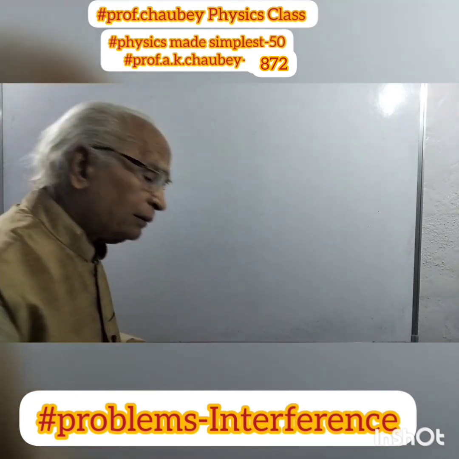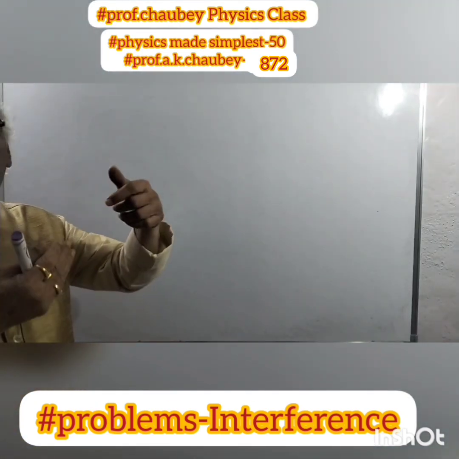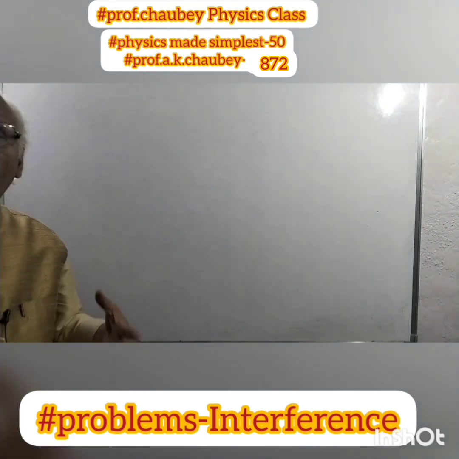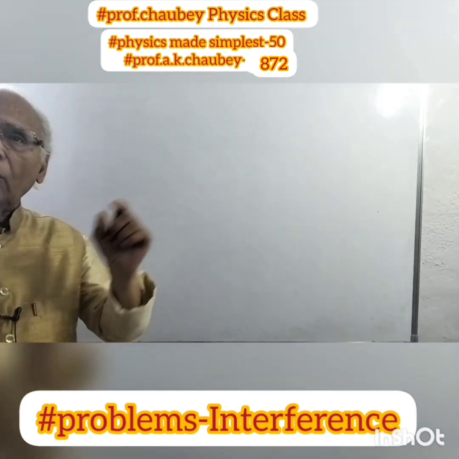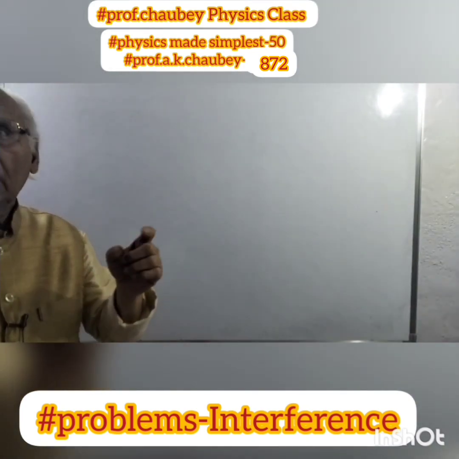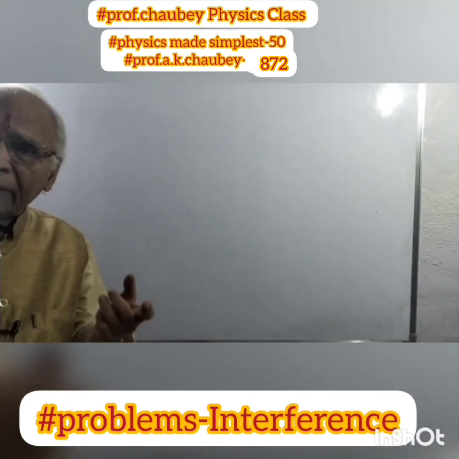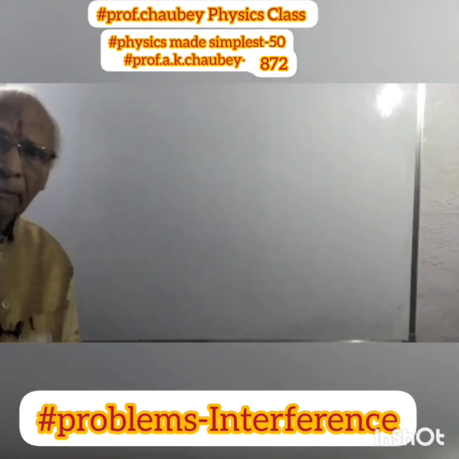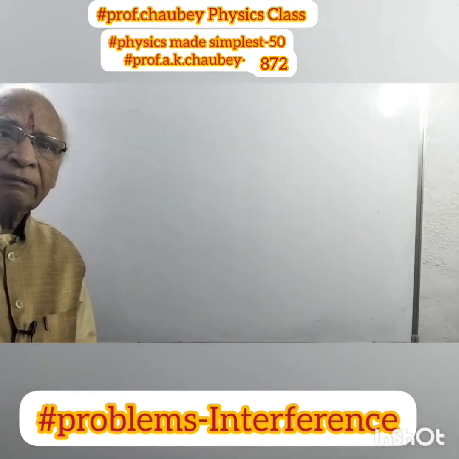What will be the effect? We have two sources, two coherent sources, two waves, they interfere. When one slit is covered and only one slit is there, the phenomenon observed is not interference, it becomes diffraction. We will talk about diffraction maybe later on.